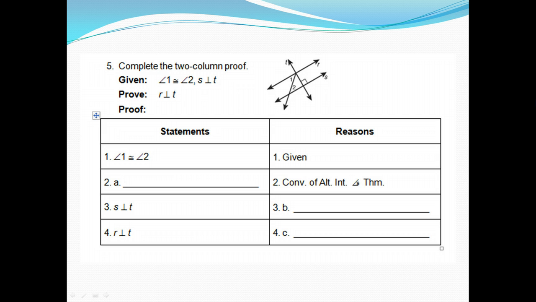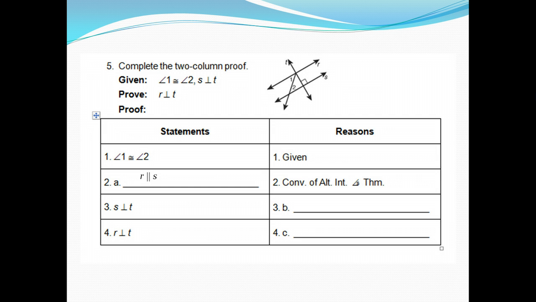So what can we say if we're using the converse of the alternate interior angles theorem? Let's look at these. Well, R is parallel to S. We can see this because the angles are congruent, and they are cut by the same transversal.